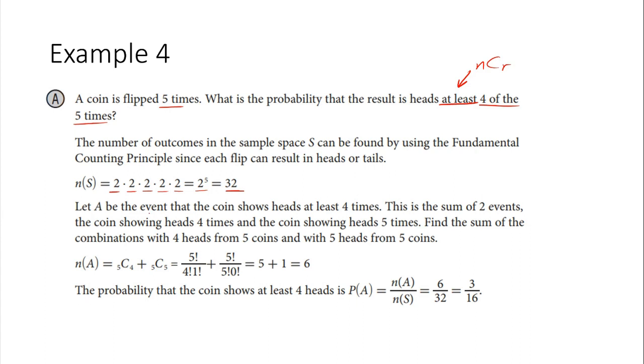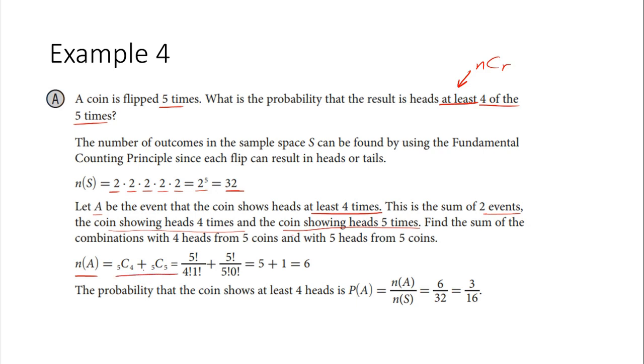Now, if we let A be the event that the coin shows heads at least 4 times, basically what it's saying is the sum of the 2 events, the coin showing heads 4 times and the coin showing heads 5 times, is written like this.